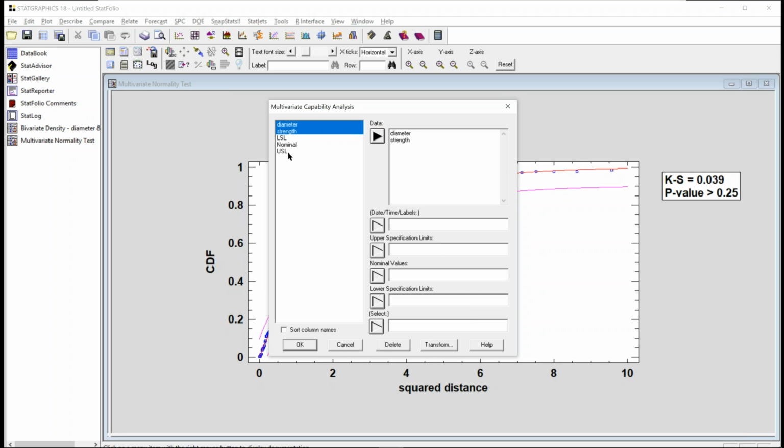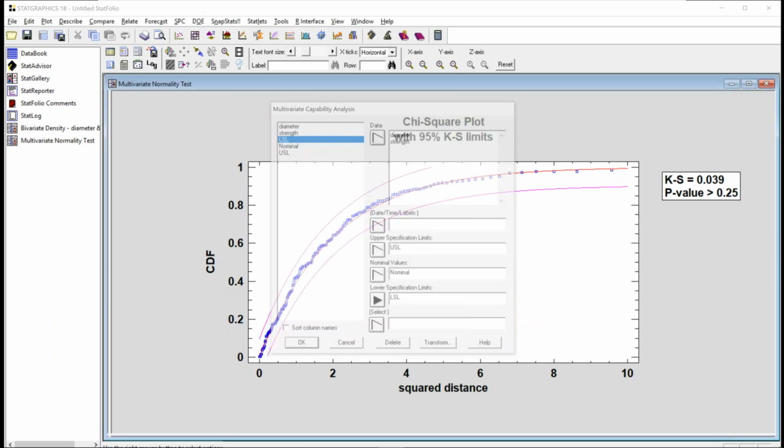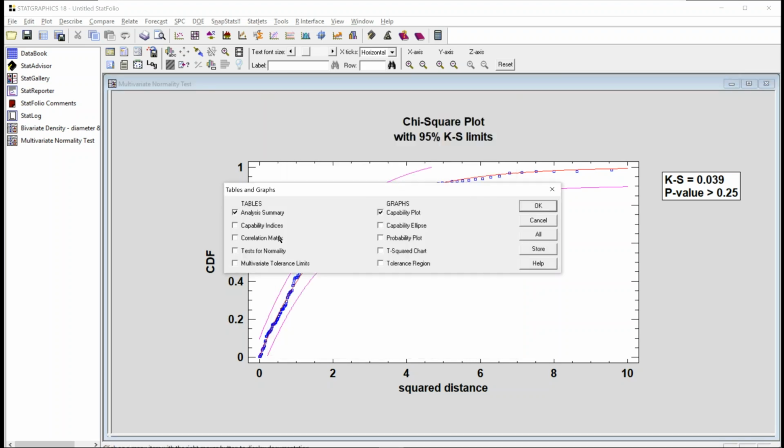I'm going to take the column USL and put it where it says upper specification limits. I'll take the column nominal and put it in the nominal field. Take the LSL column and put it in the lower specification limits field. I'll then press OK. I'll ask for capability indices and the capability ellipse.